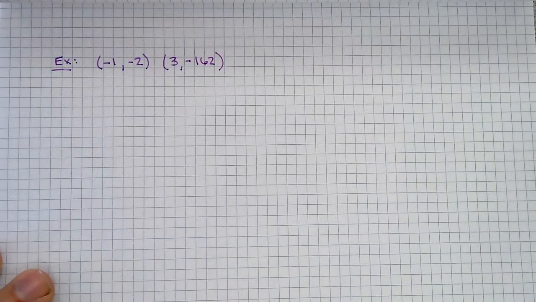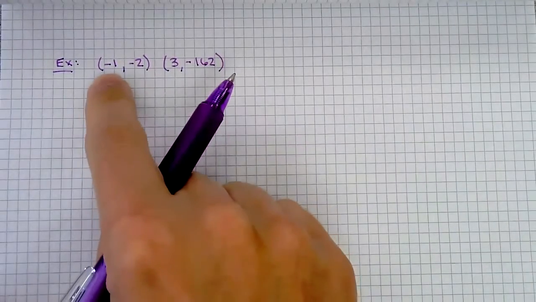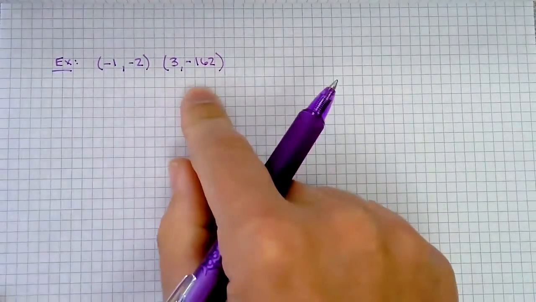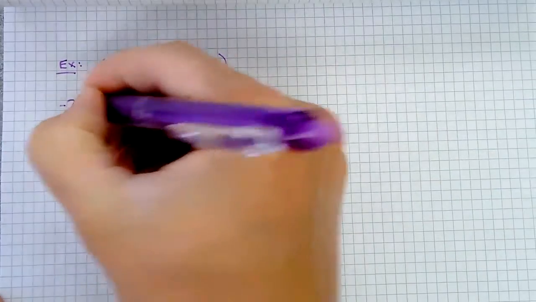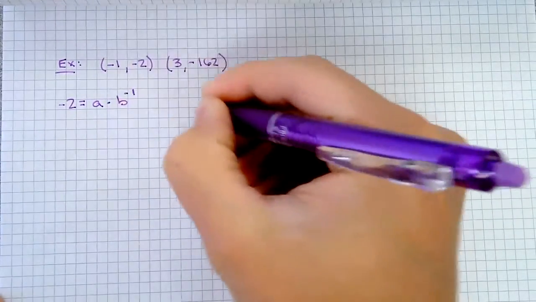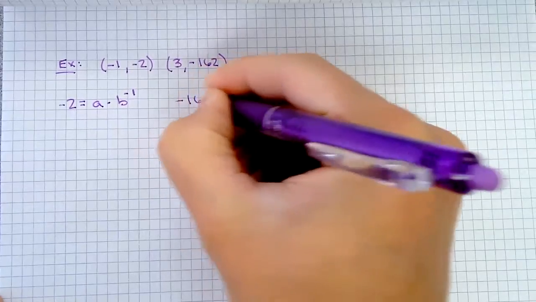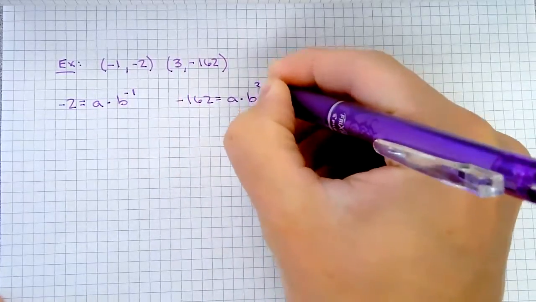So here we have (-1, -2) and (3, -162). We're not given the y-intercept at this point. Makes it a little bit more difficult, but we'll be just fine. So what we're going to do is plug both of these points into the equation. So first one, -2 equals a times b to the -1. And over here we get -162 equals a times b cubed.